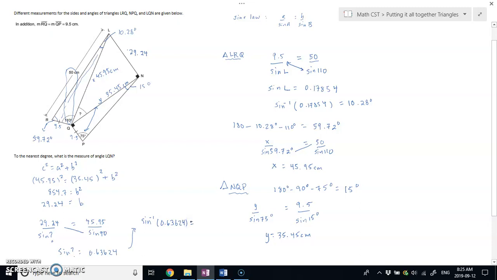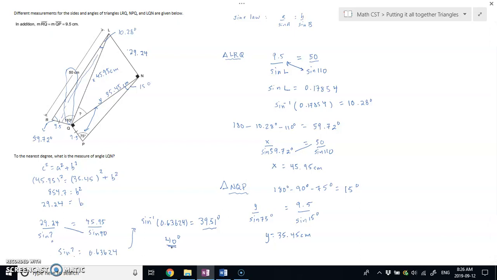And that angle is 39.51. So that's helpful. Now, it says to the nearest degree, so we're going to round up to 40 degrees. Because it's 39.51, so you always round up when the decimal is the highest.